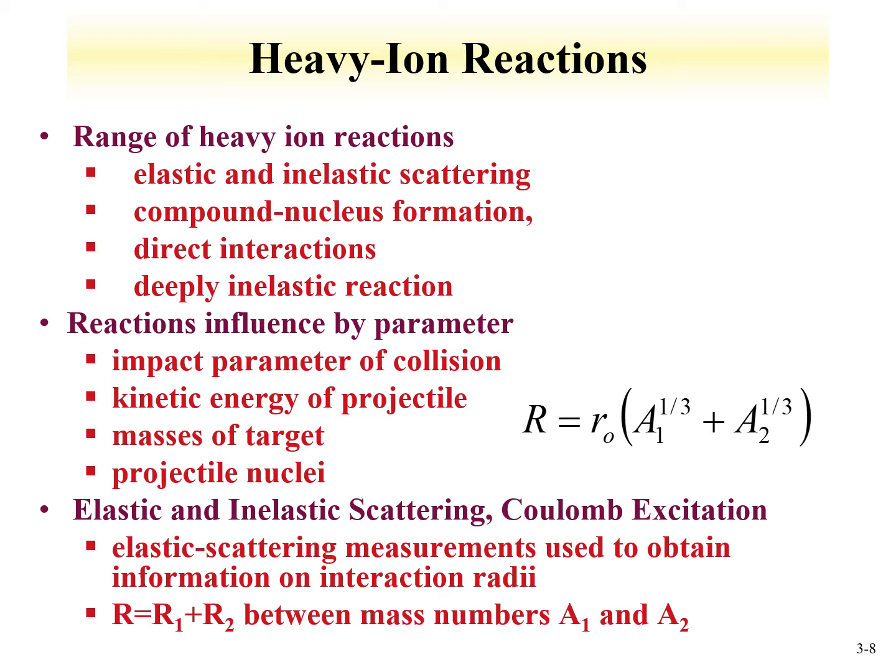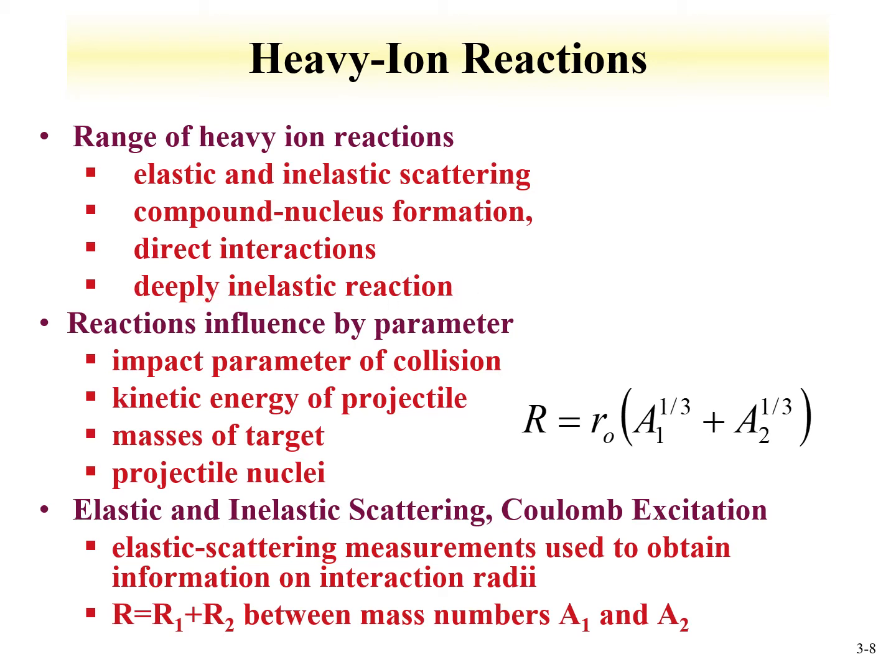Another route of reactions is moving from lighter particles to heavier particles. So as opposed to using a proton, think about bombarding a nucleus with something like oxygen-16. So we have these heavy ion reactions, and in a lot of ways they're similar to light ion reactions, where we can have elastic and inelastic scattering, compound nucleus formations, direct interactions, and deeply inelastic reactions.